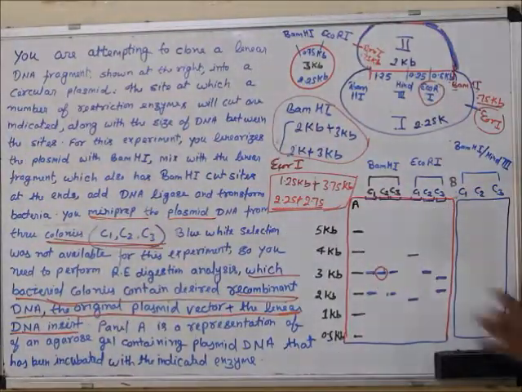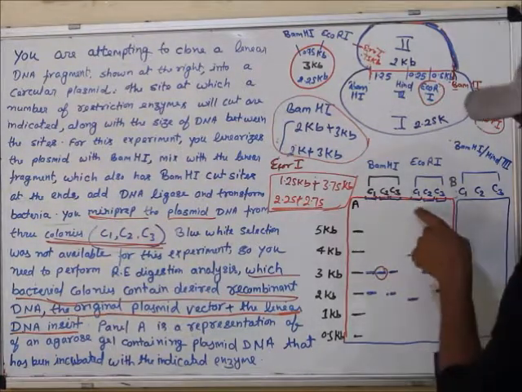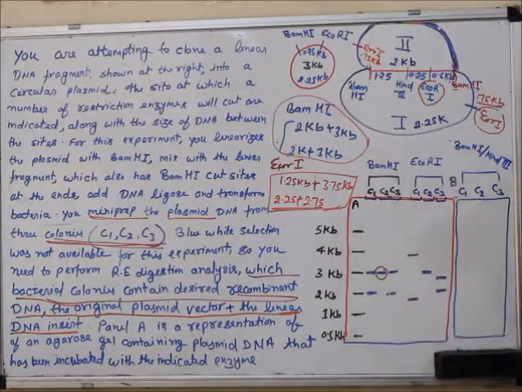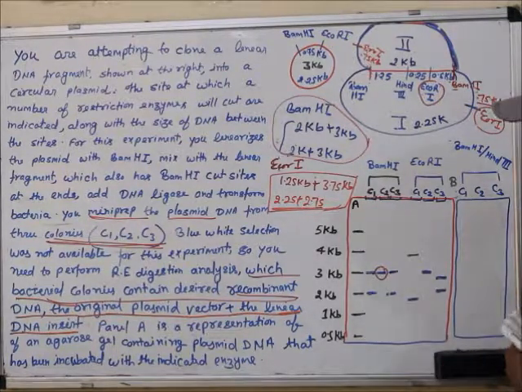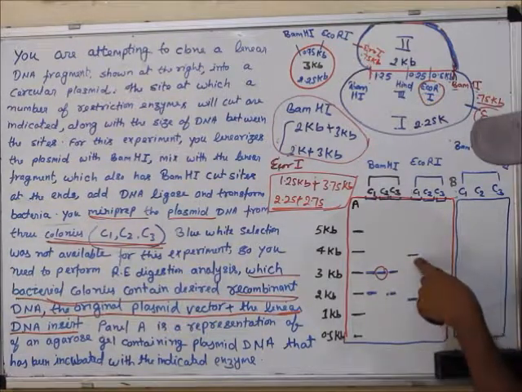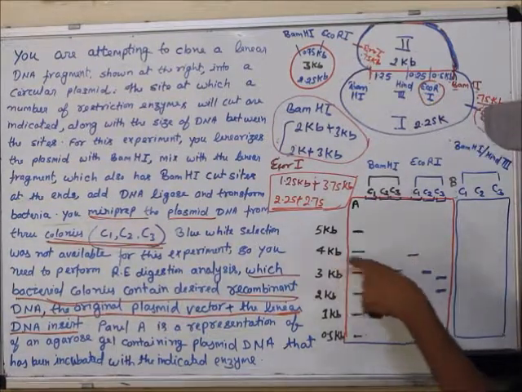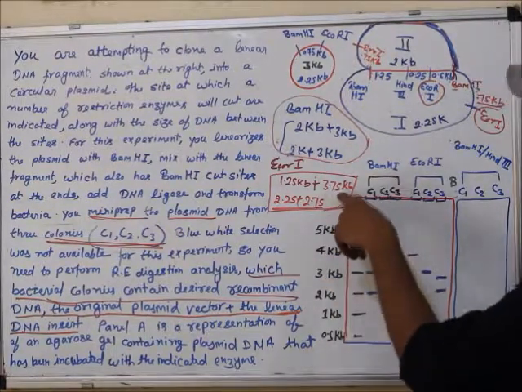Again, the gel is showing C1, C2, C3. The large band is near about 4 kb, you can say 3.75 kb.